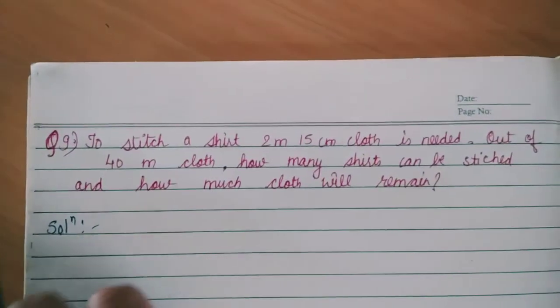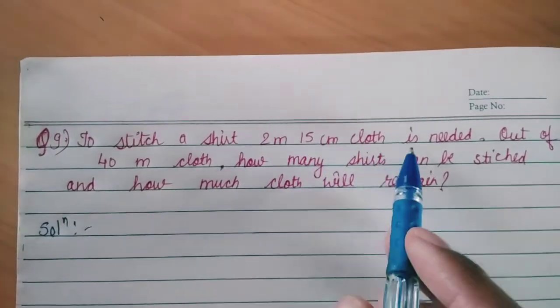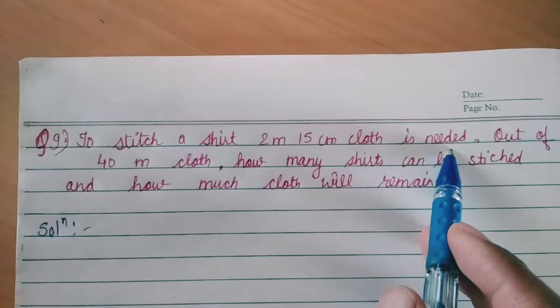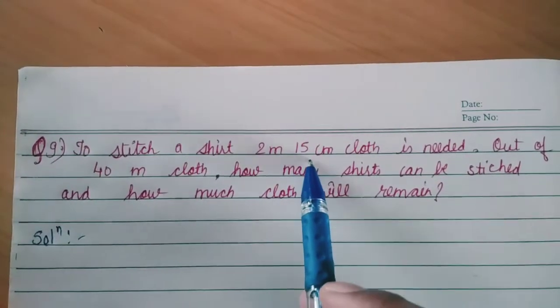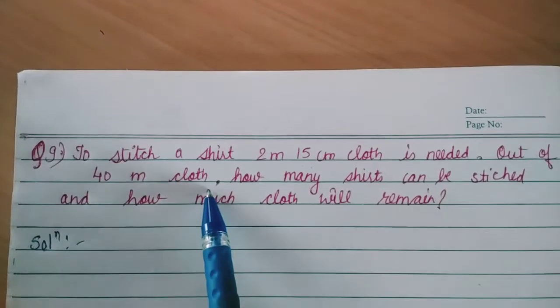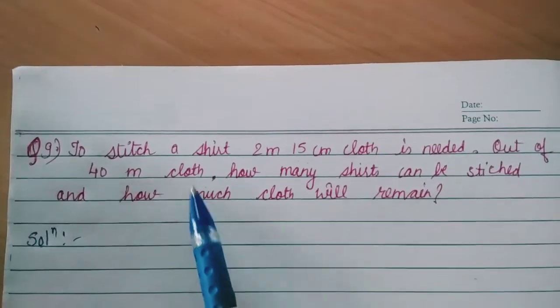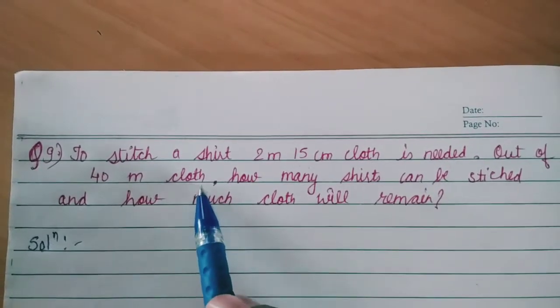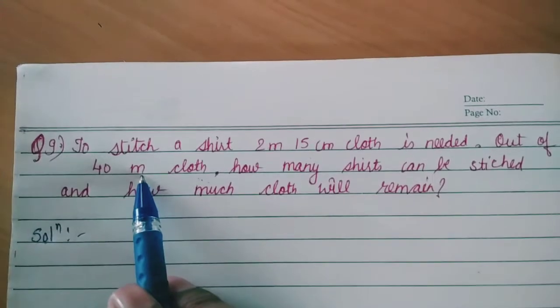Question number 9 is: to stitch a shirt, 2 meter 15 centimeter cloth is needed. For stitching one shirt we need 2 meter 15 centimeter of cloth out of 40 meter cloth. So the total bunch of cloth has a length of 40 meter.